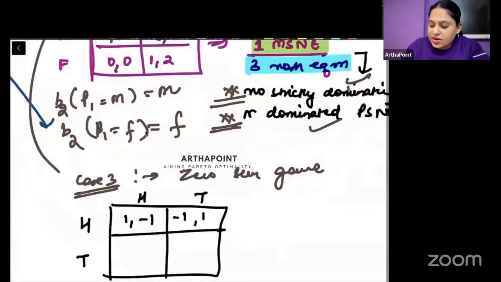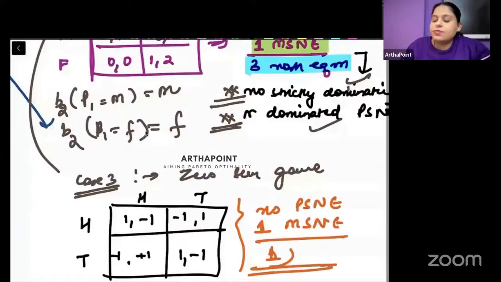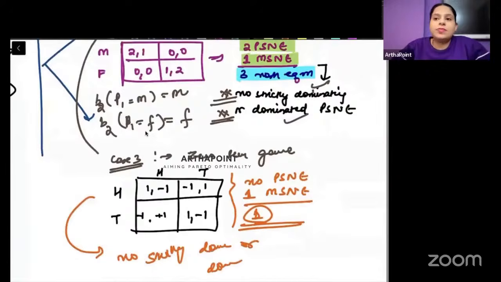When head and tail were different, it was one way, and when they were the same, it was the other. In this also we saw that there was no pure strategy Nash equilibrium, only one mixed strategy Nash equilibrium, and the total was coming out to 1. And in this also, there was no strictly dominated or dominant strategy.